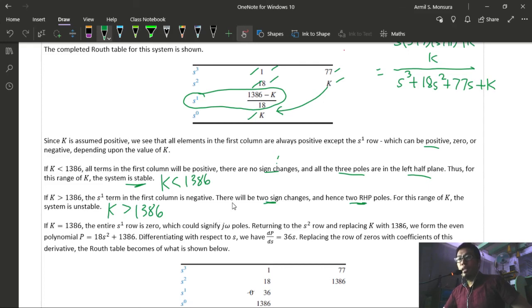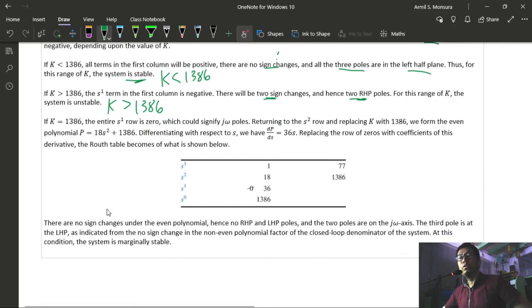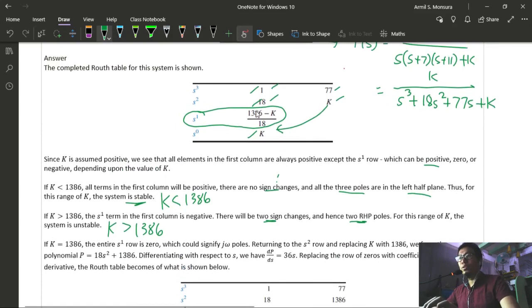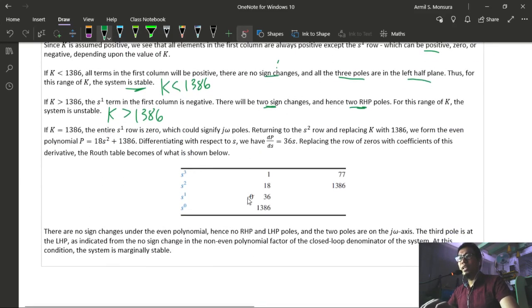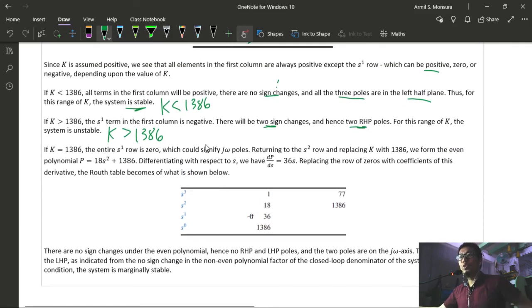Now, if K is 1386 itself, or is equal to 1386, take note na yung s raised to 1 row ninyo ngayon magiging 0. Itong value nito magiging 0. Which could, but not entirely the only possibility, signify j omega poles.